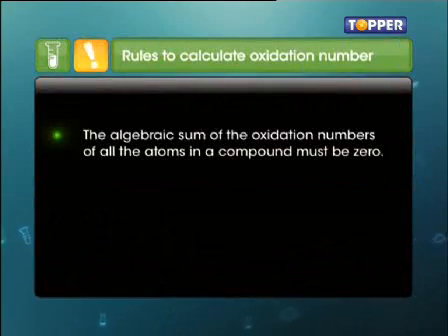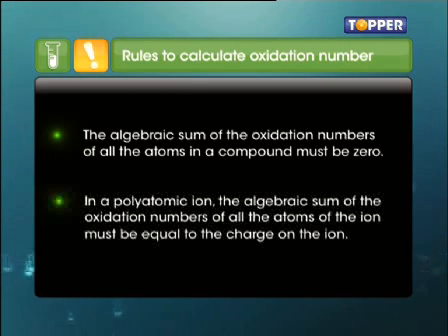The last rule states that the algebraic sum of the oxidation number of all the atoms in a compound must be 0. Also, in a polyatomic ion, the algebraic sum of the oxidation numbers of all the atoms of the ion must be equal to the charge on the ion.